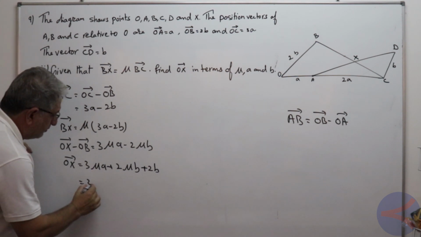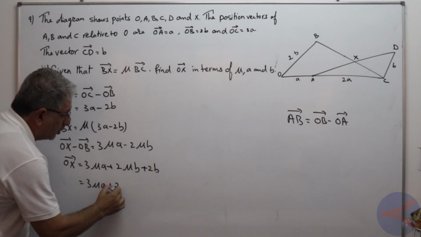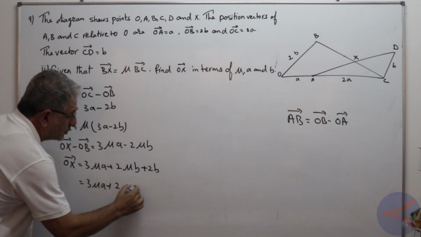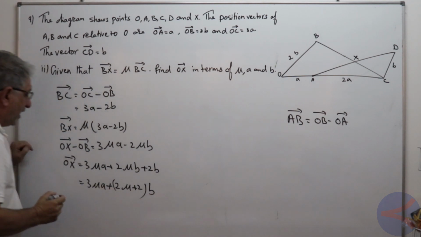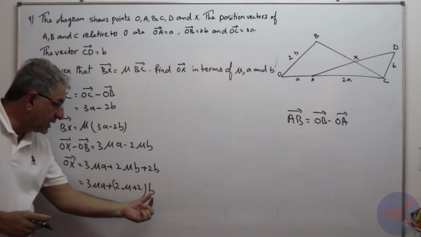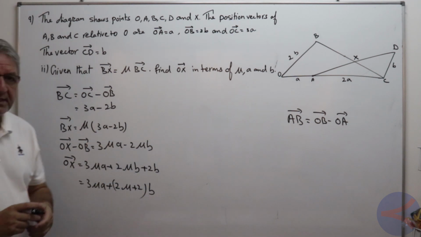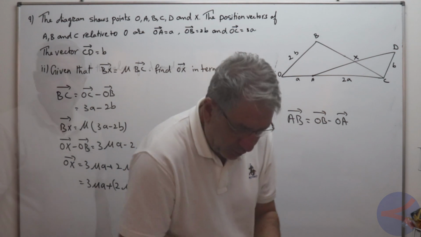Now, this is 3 mu A. You can factorize B here. We are going to get 2 minus 2 mu times B. Therefore, we have written OX in terms of mu, A, and B. Okay, this is the second part of this. We are going to do the third part of the same question.